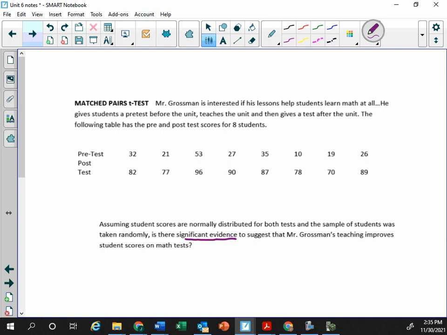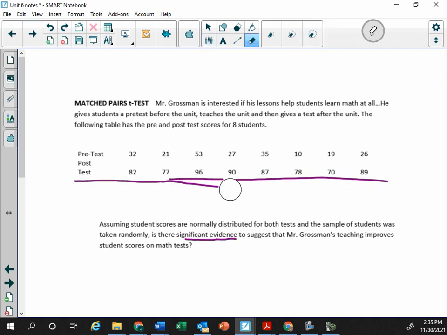This is matched pairs because you've got the pre and the post. So what we actually care about is not these individual values. We care about the difference with these individual values. We care about delta, which means the difference. Do you think I'm going to do pre minus post or post minus pre?